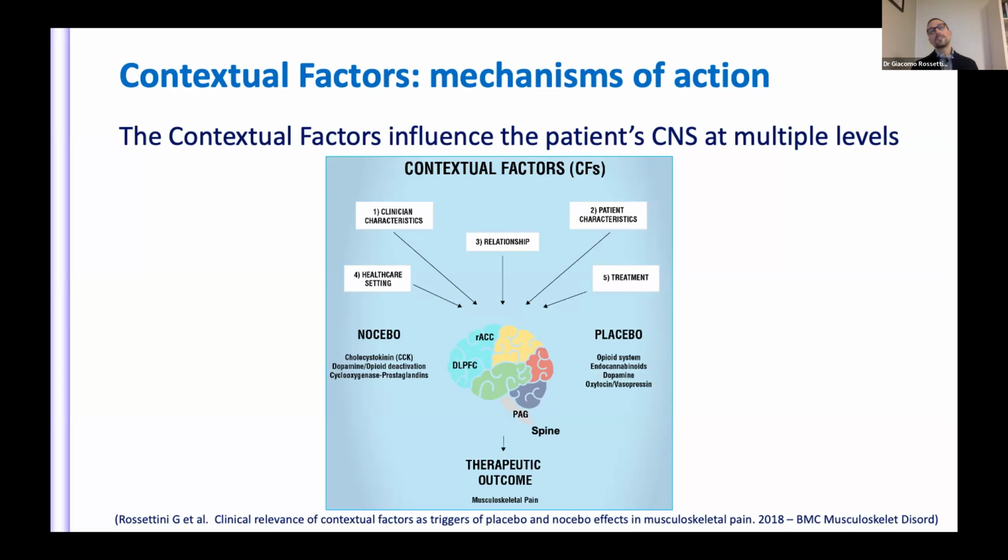And all these specific neurological pathways translate into changes in clinical outcomes. Using musculoskeletal pain as an example, if the context offered is positive, the patient will perceive a relief of symptoms. Instead, if the context offered is negative, the patient will have an aggravation of symptoms.